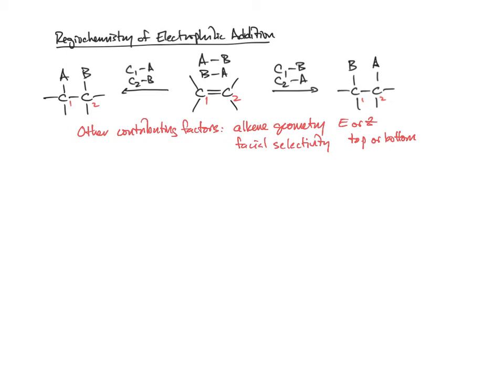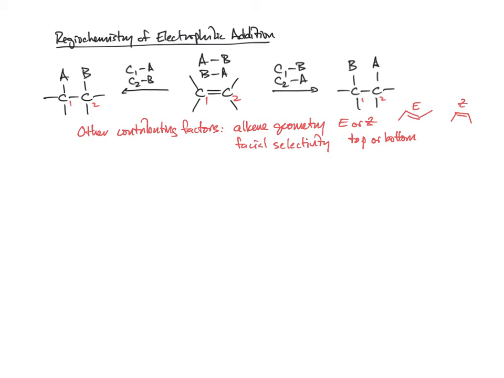So maybe let me just point that out real quick, and we'll see it in the mechanisms as we go through. So E and Z, so for example, we saw the trans, this is the E, trans 2-butene. This is the cis. So those are examples of that.